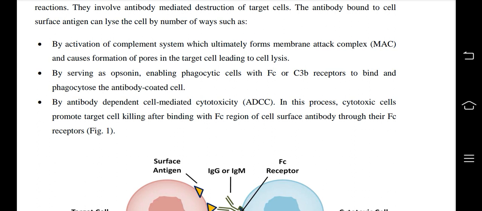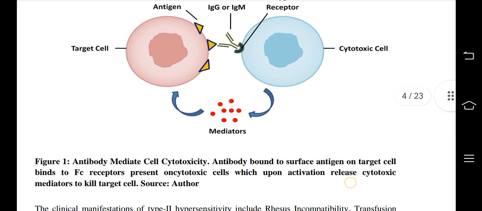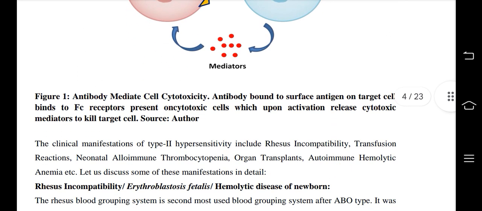In this process, cytotoxic cells promote target cell killing after binding with FC region of cell surface antibody through their FC receptors.